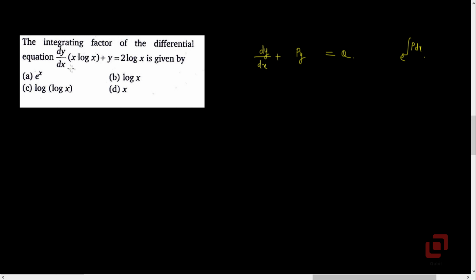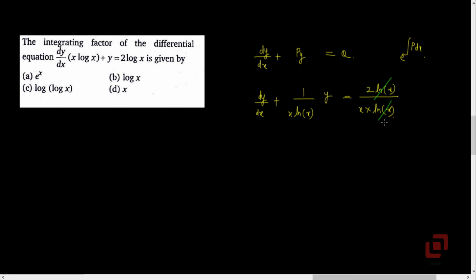Observe that in the given differential equation, the term dy by dx is accompanied by x into log of x. Therefore, we should divide the entire equation by x into log of x, which gives us dy by dx plus 1 upon x into log of x y equal to 2 into log of x upon x into log of x.